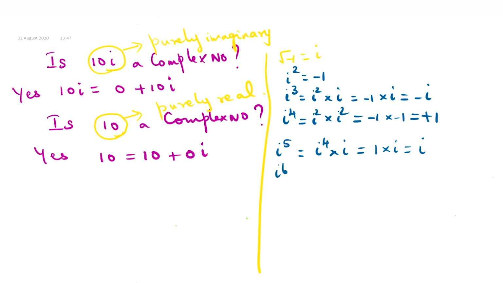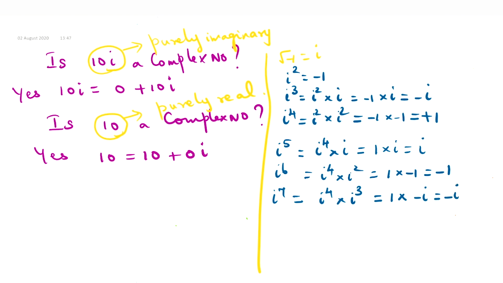What is i power 6? i power 4 into i square, that is equal to 1 into minus 1, that is minus 1. Then what is i power 7? i power 4 into i power 3, that is equal to 1 into minus i, that is minus i.